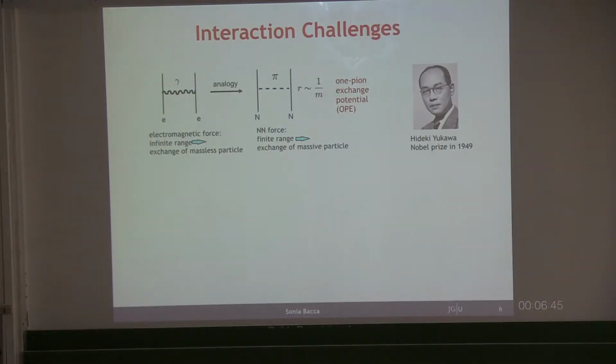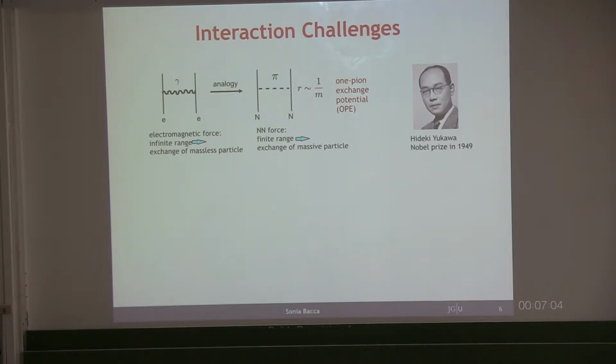So let's talk about the interaction challenge. As you know, theorists like to explain the infinitely ranged Coulomb force between two electrons as being mediated by the exchange of a photon, which is a mass zero particle.